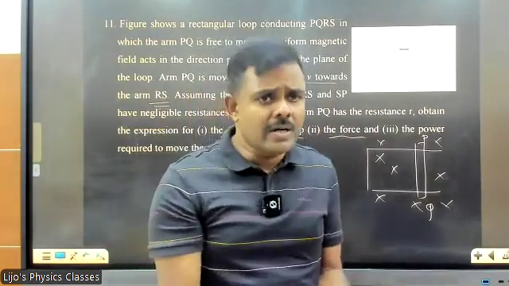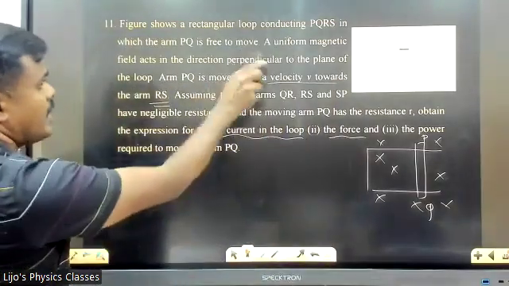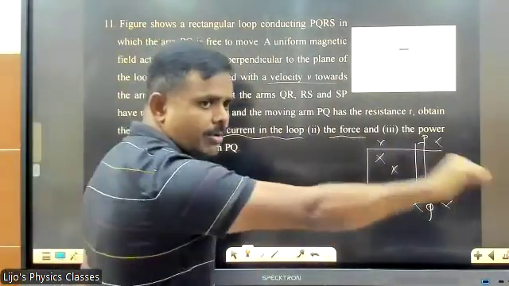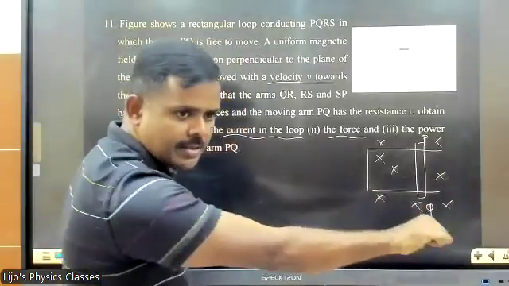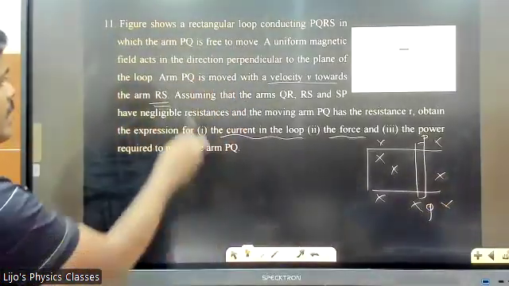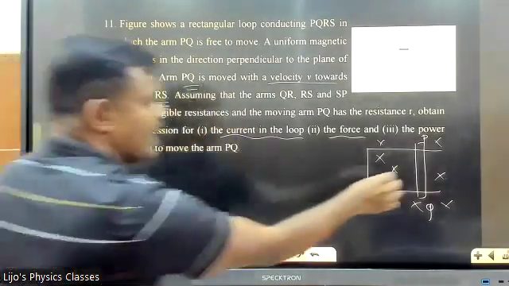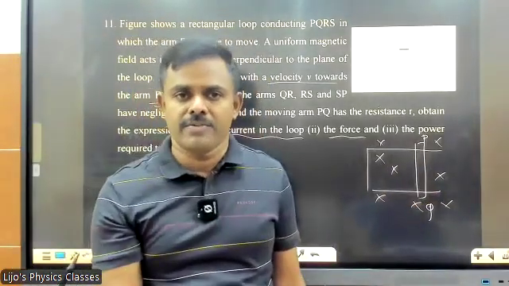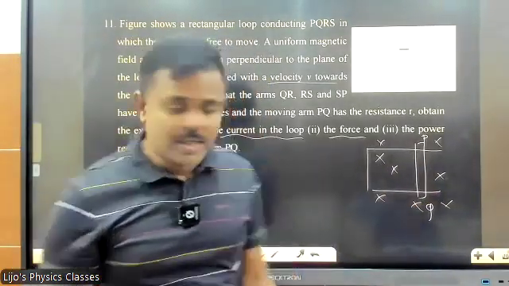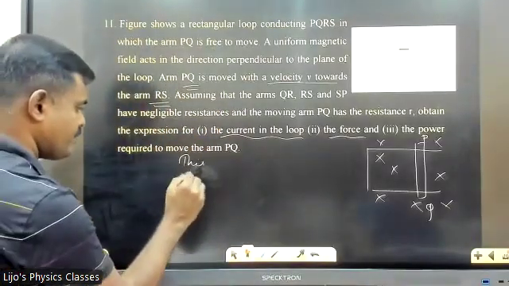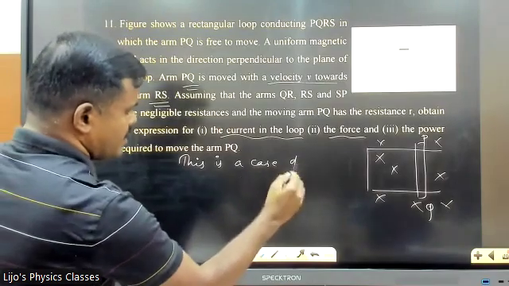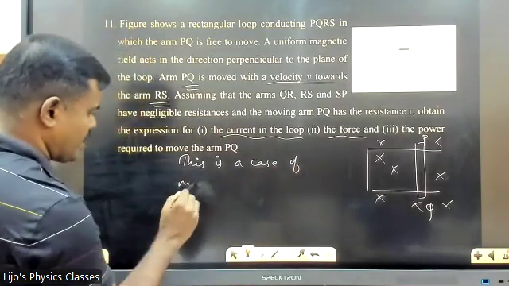This is something you've done already, 4 times. Then a uniform magnetic field acts in a direction perpendicular to the board, perpendicular to the paper. Then arm PQ is moved. So it is a clear case of motional EMF. All of you online, understood? This is a case of motional EMF.